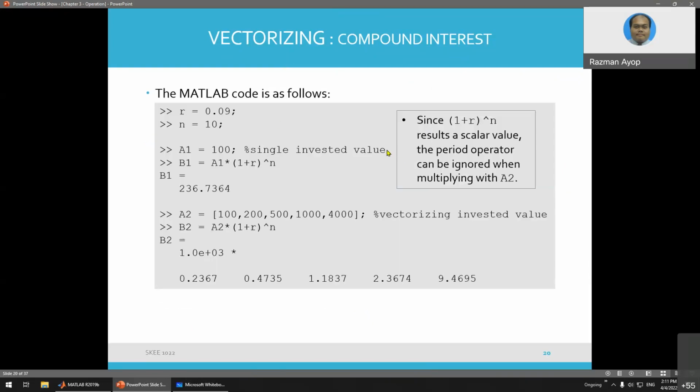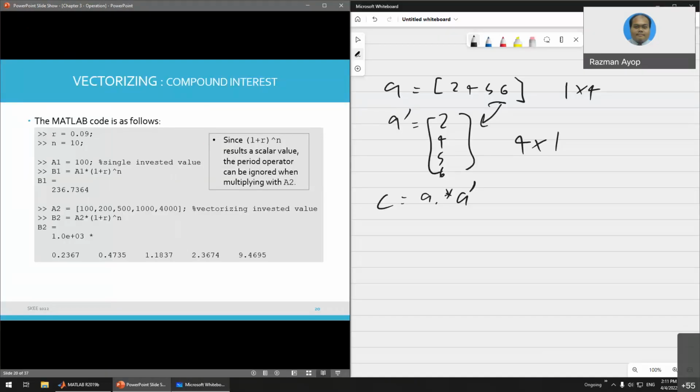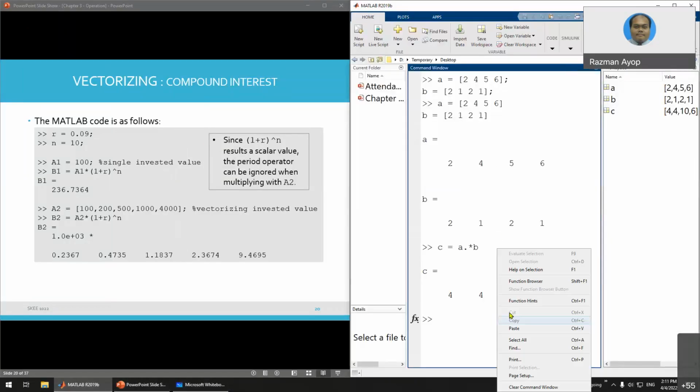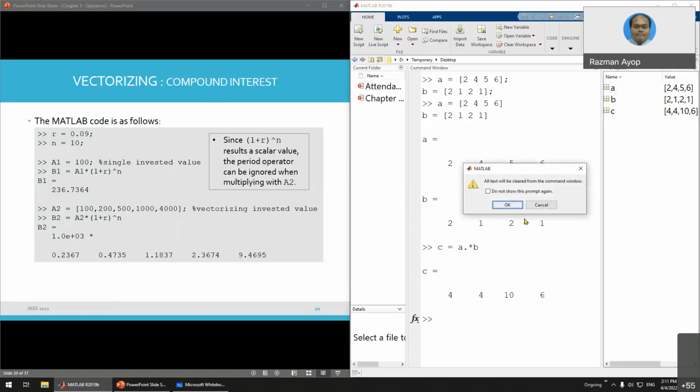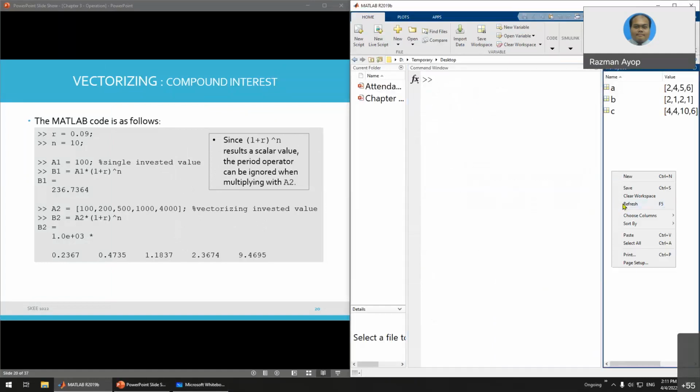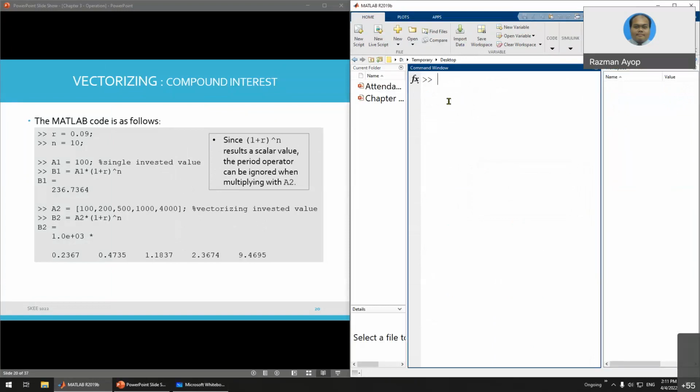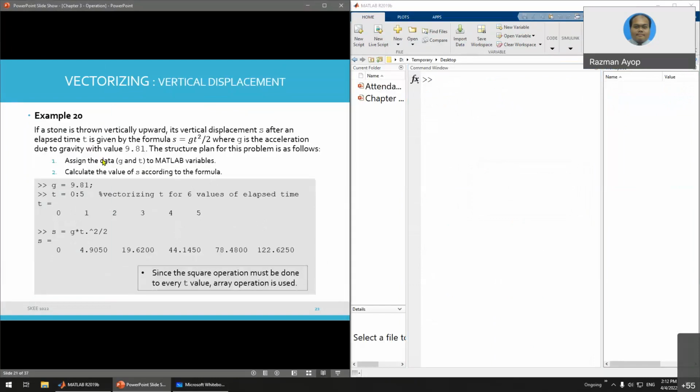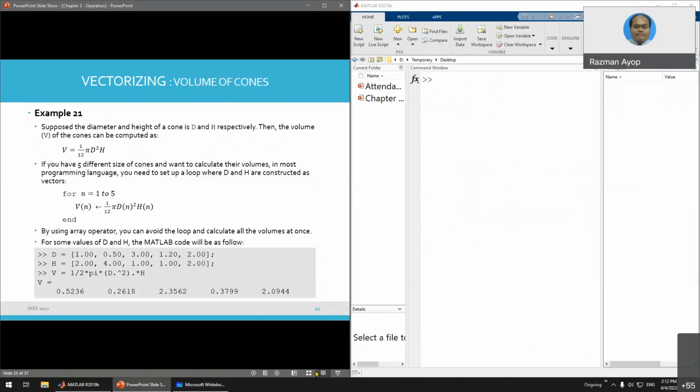Okay, so let us look here. So make sure you clear the workspace and this one. Okay, if not, it can become a problem. So you can see here R and N are constant. So let me change this first.